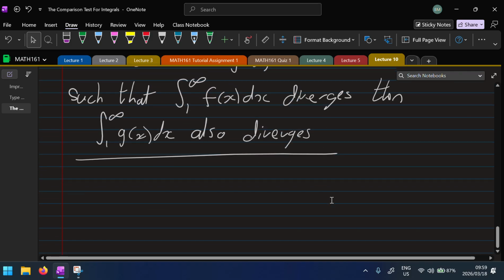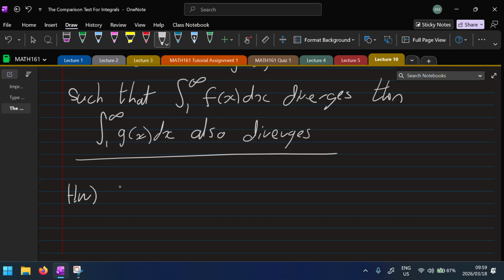Okay. So we won't go through all the calculations. That will be for homework. So, homework: show that 1 over x, that's our function f, is smaller than that given function.